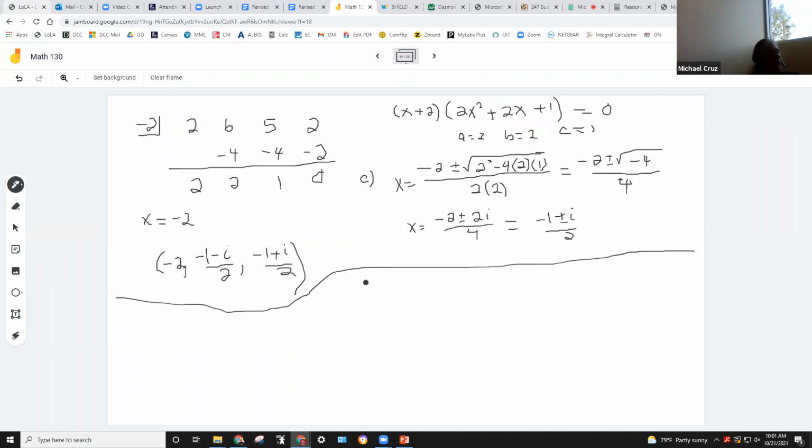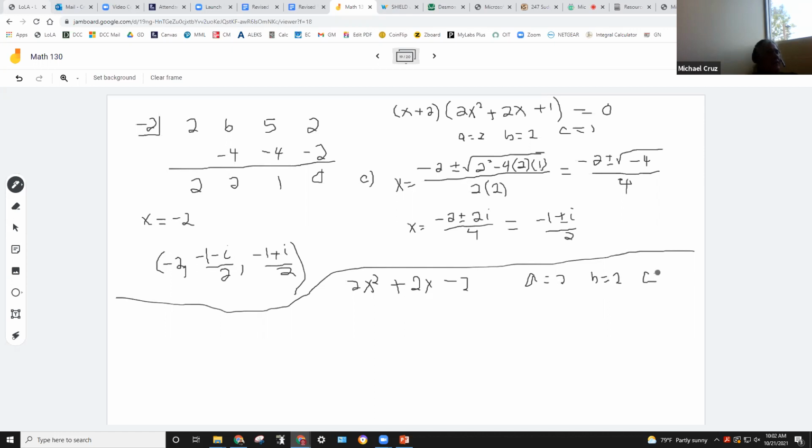All right, so A is equal to 2. B is equal to 2.